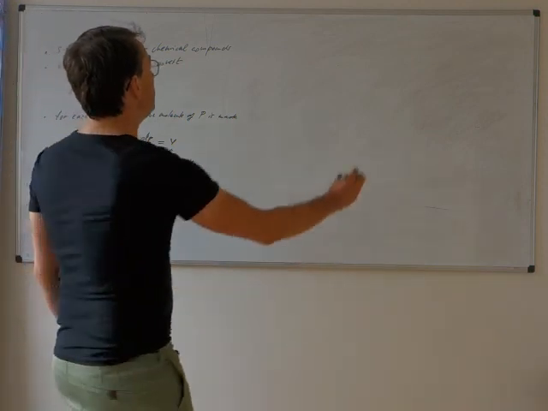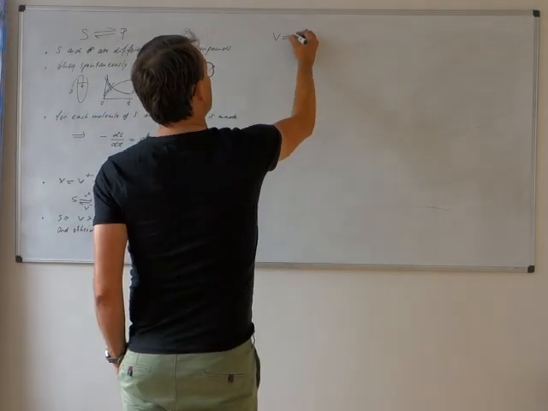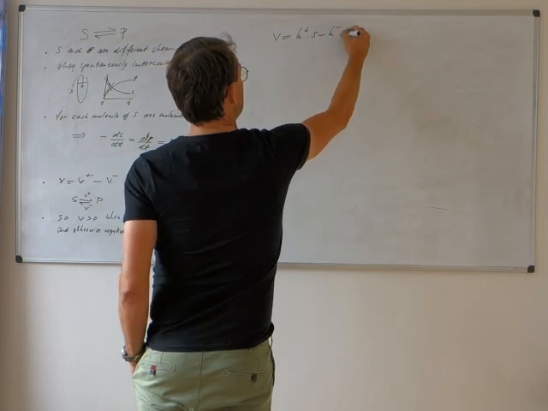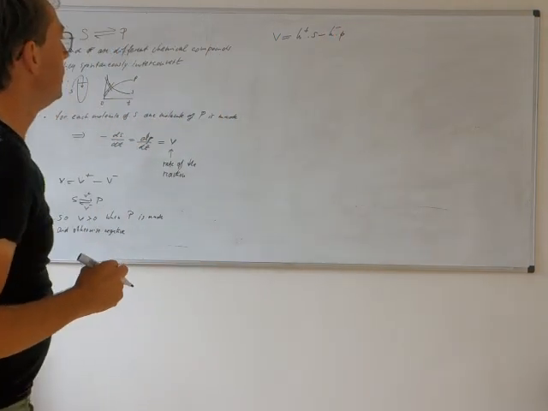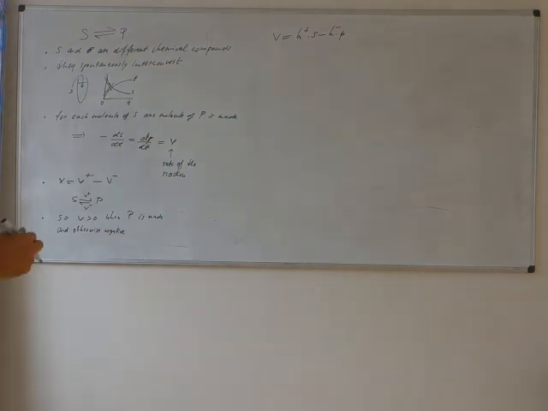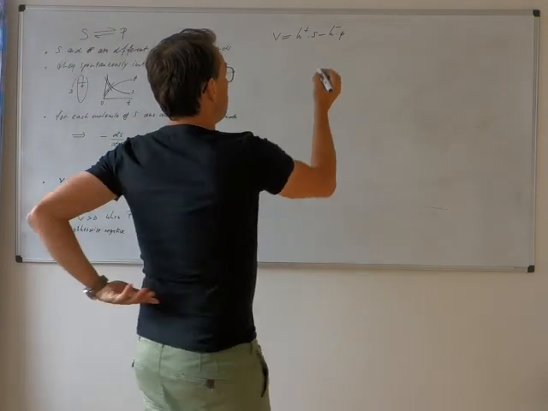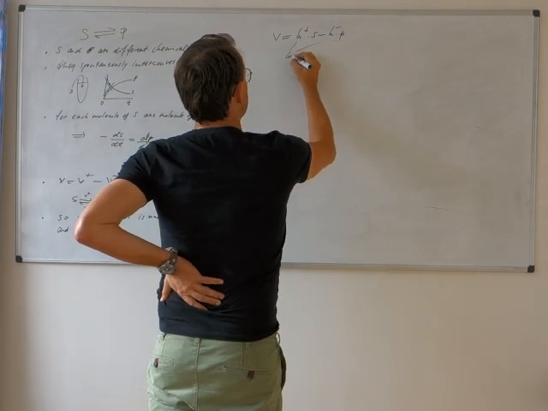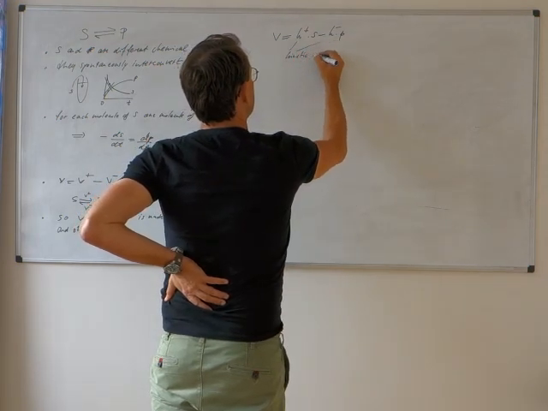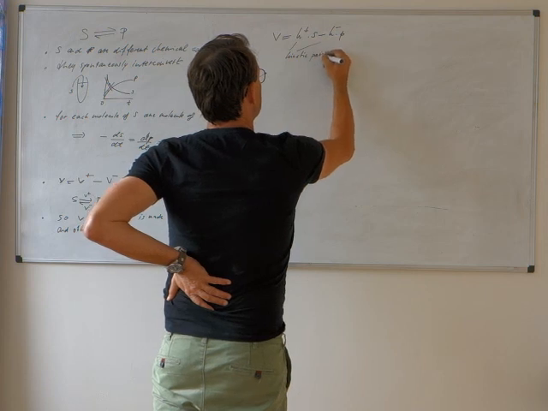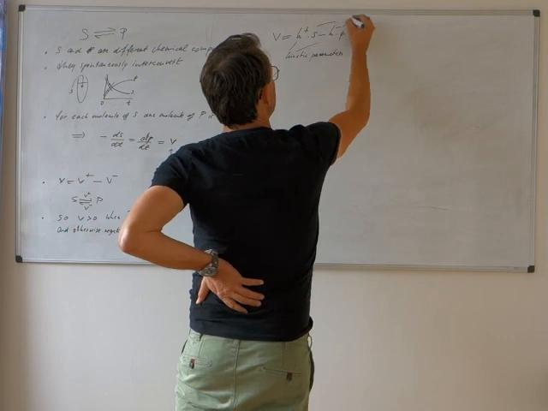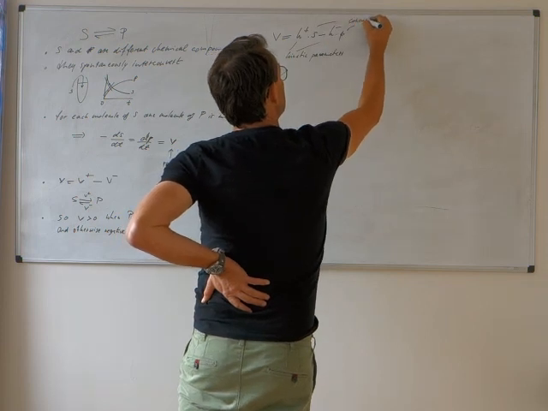Okay, so V equals an equation, and that equation expresses the rate V in terms of the concentrations of S and P and kinetic parameters. These are kinetic parameters: K plus, K minus. S and P are concentrations.